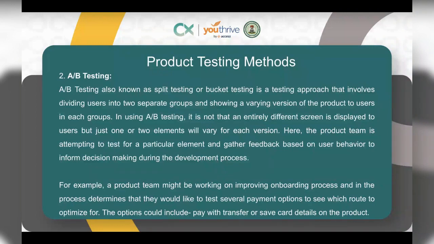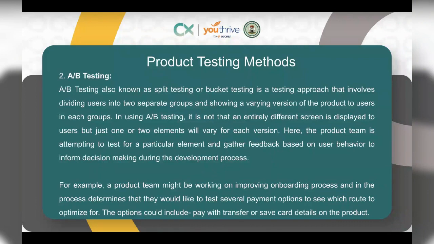Mind you, you can even still conduct user research, reach out to these users and understand their experience, because it's one thing for a specific element of the A/B testing to be going well. For example, let's say pay with transfer is actually doing better than pay with card or save card details on the product. You will now take it a step further and conduct user research to see what the user experience is.